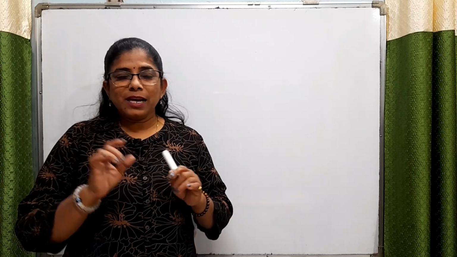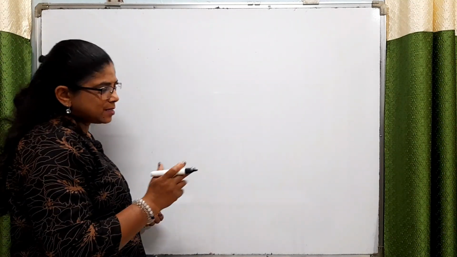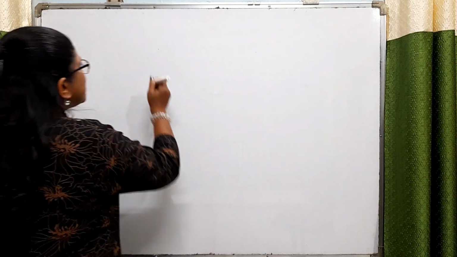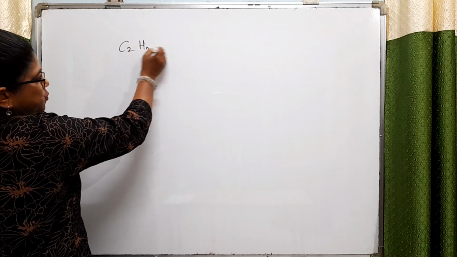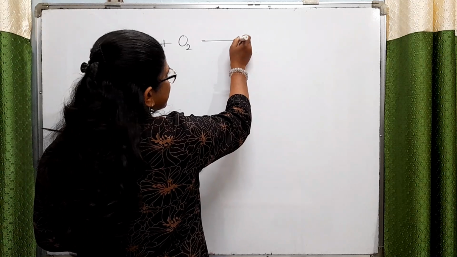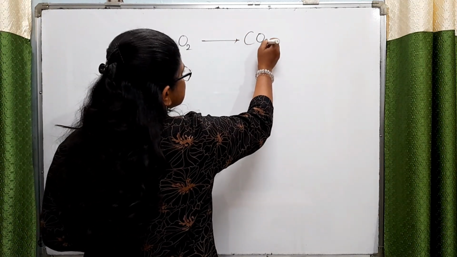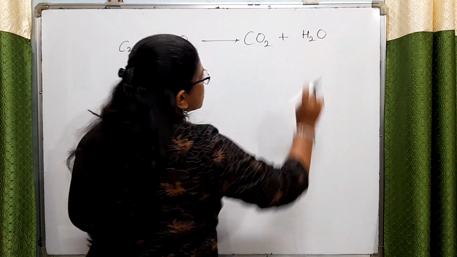So first let's write the reaction. Acetylene is nothing but ethyne, C2H2, which reacts with oxygen. This gives us carbon dioxide and H2O.